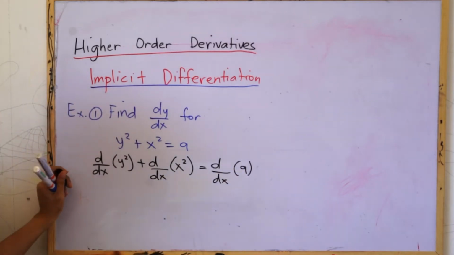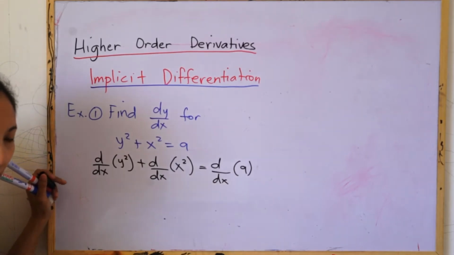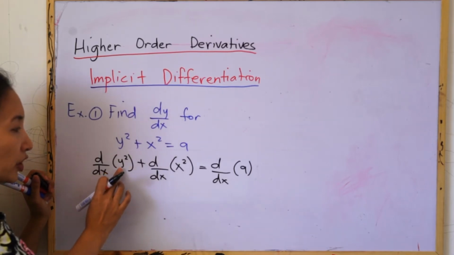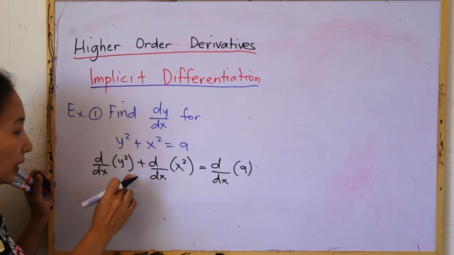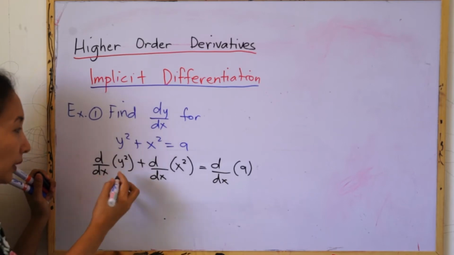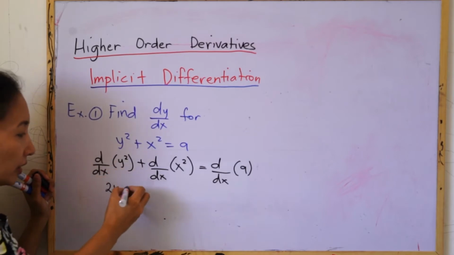Okay? By recalling all the rules that we have discussed in the previous lessons or sessions rather. So differentiating y squared, this is a power, okay? Apply power rule. So 2y, what are we differentiating? Y with respect to x.